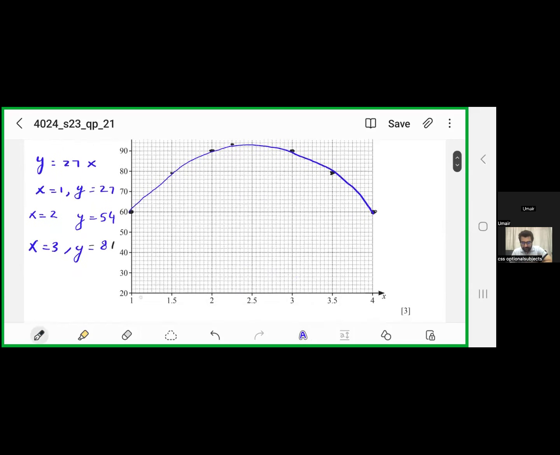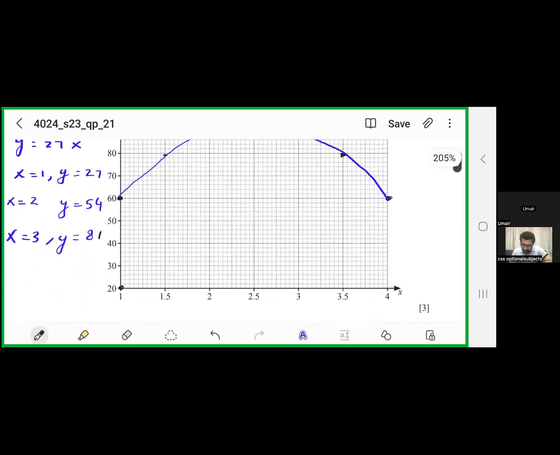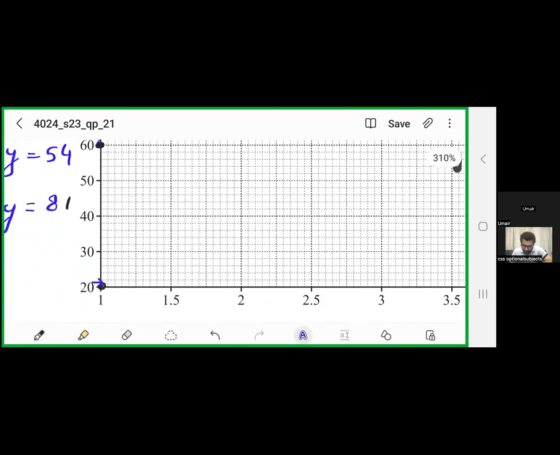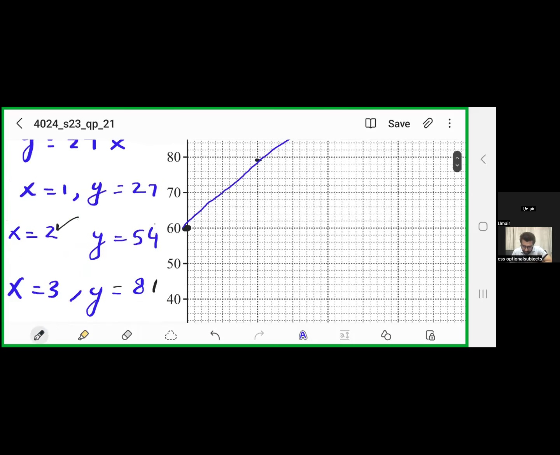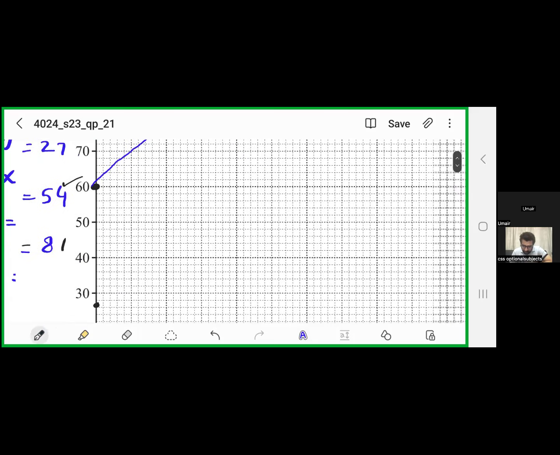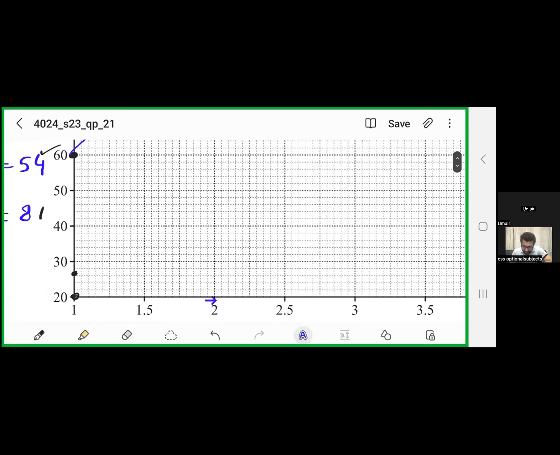When x is 1, y is 27. So where will it be? This is 22, 24, 26, 28, 27. Over here. Similarly, when x is 2, y is 54.